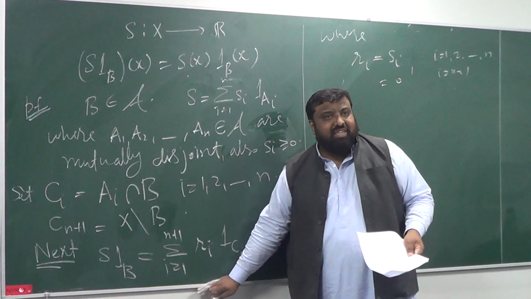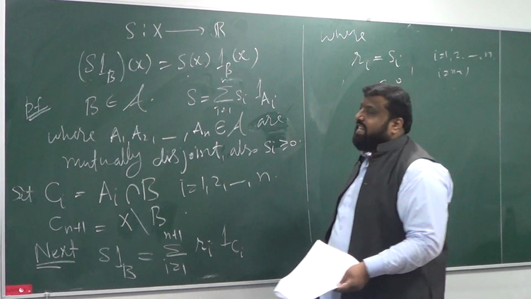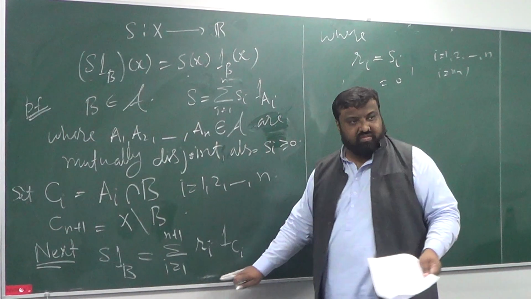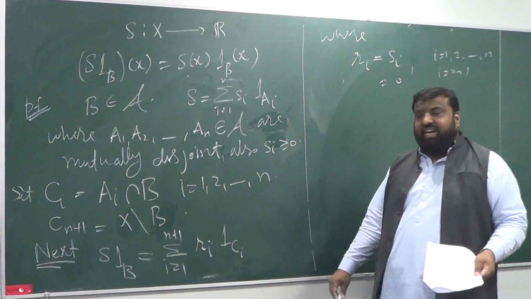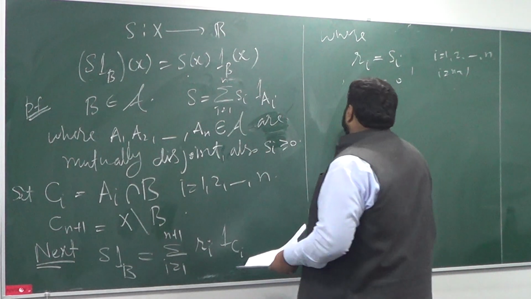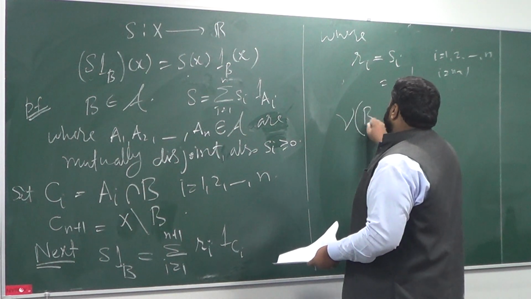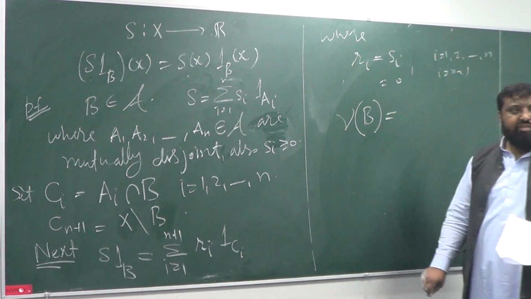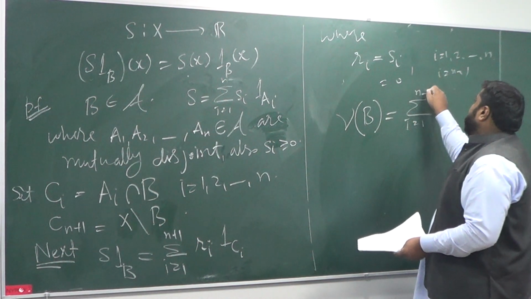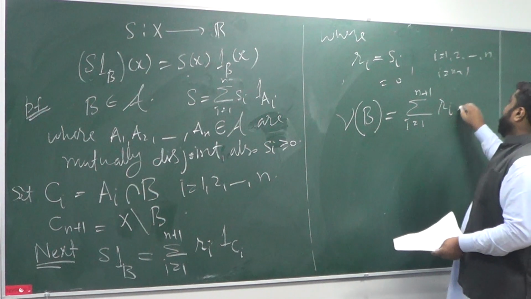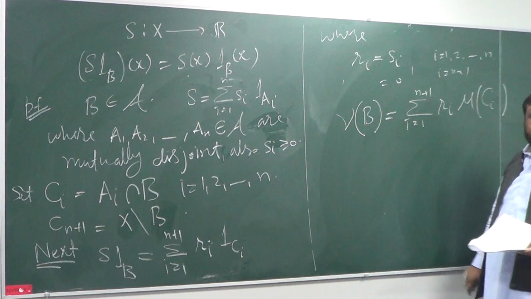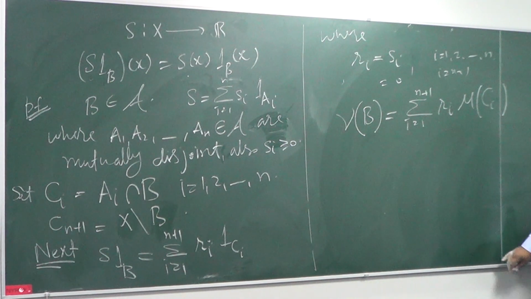Why am I doing all that? Because now I can write this abstract integral very concretely. If I have this concretely written in this manner, then nu of B is going to be the sum, i equal to 1 to n plus 1, of R_i times mu of C_i.